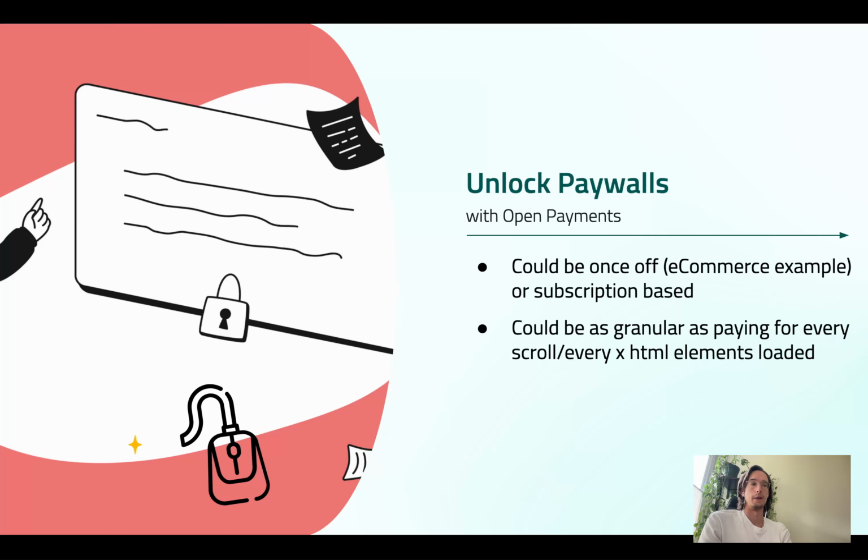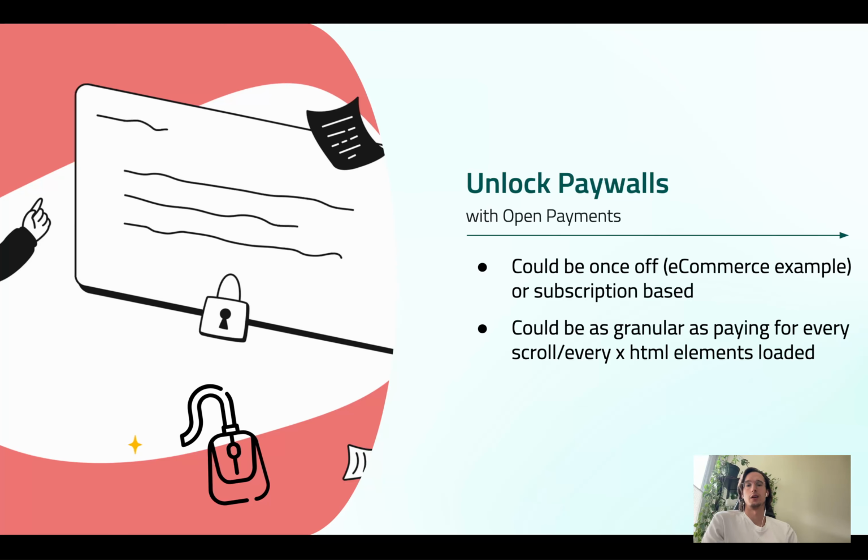Paywalls. So if I'm interacting with a website, it would be quite easy for the website, let's say, developer to lock content until a certain payment has been made. So a website can facilitate unlocking certain content on a website.